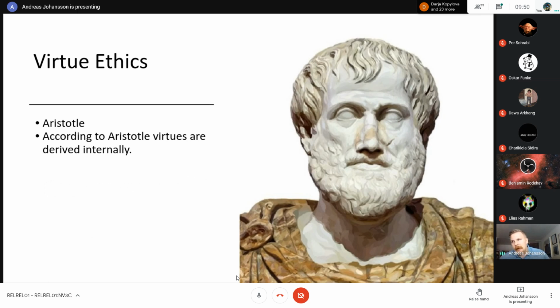According to Aristotle and his friends, virtues, and we know what a virtue is, right? A character feature, potentially. The idea is that we as human beings, rather than looking to the outside world when making decisions, should work on ourselves.